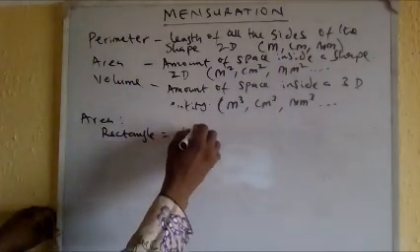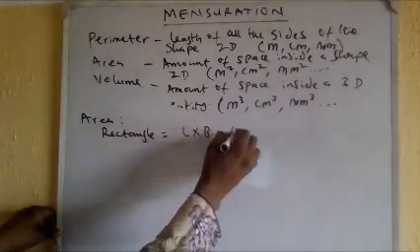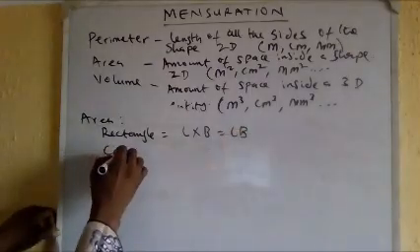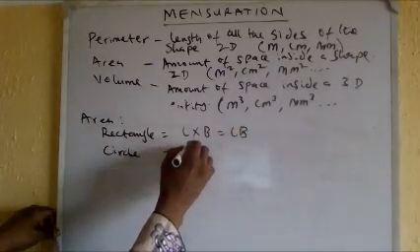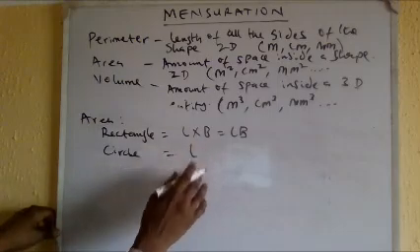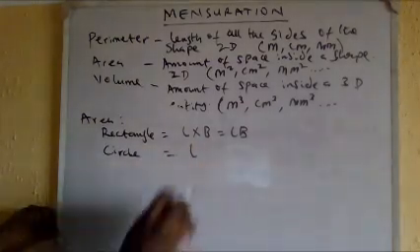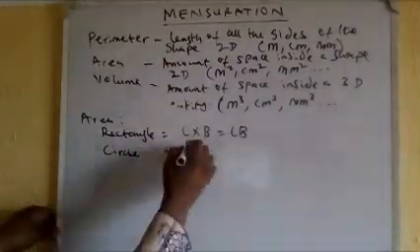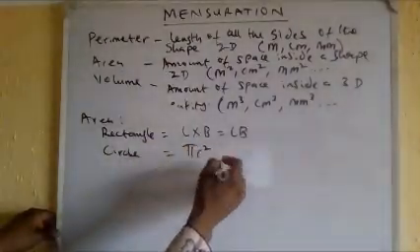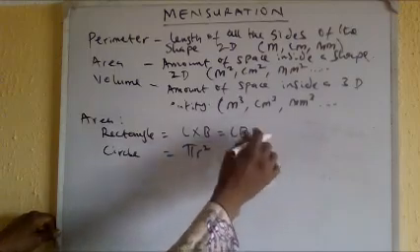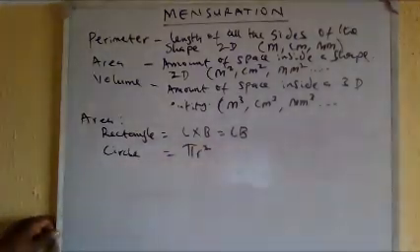Area is length times breadth, or LB. For a circle, area is pi r square, measured in meter square or cm square.